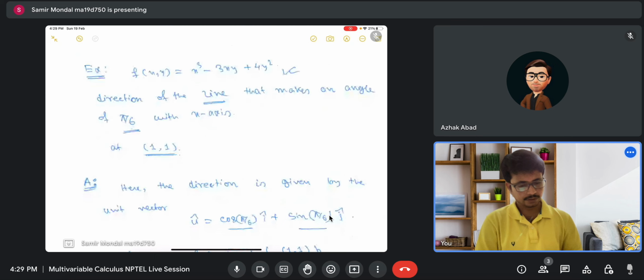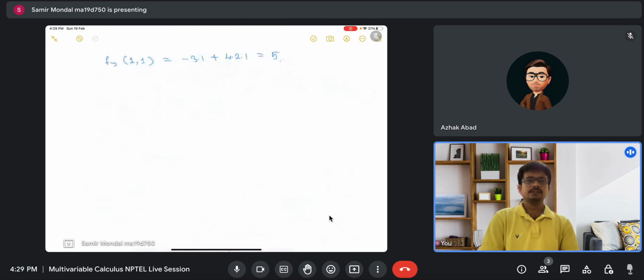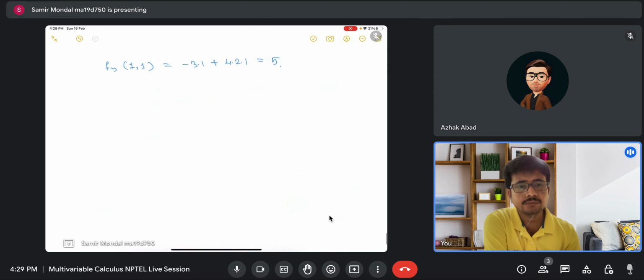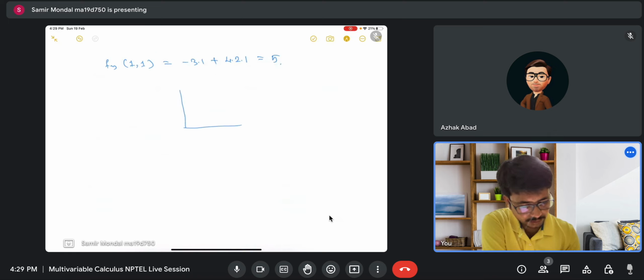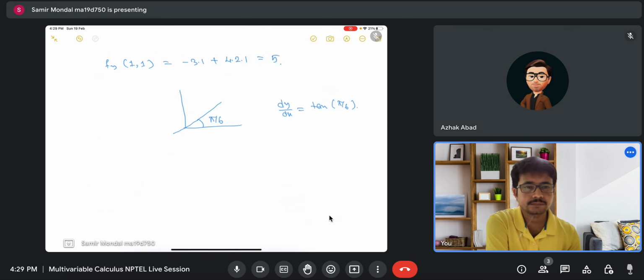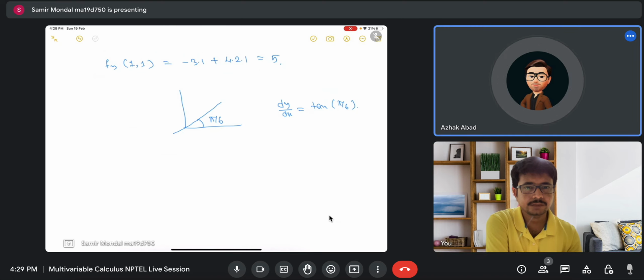At first you can find the equation of the line, or the direction of the line, which makes an angle pi by 6 with the x-axis. What is dy/dx for this? It is tan pi by 6. Correct.